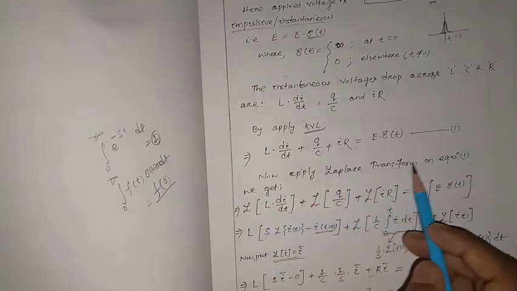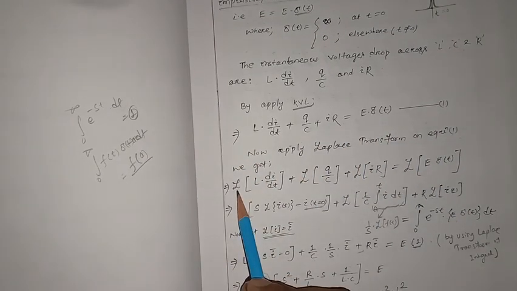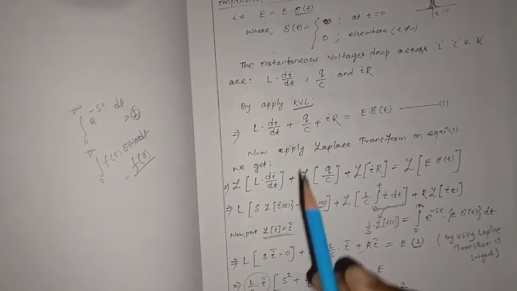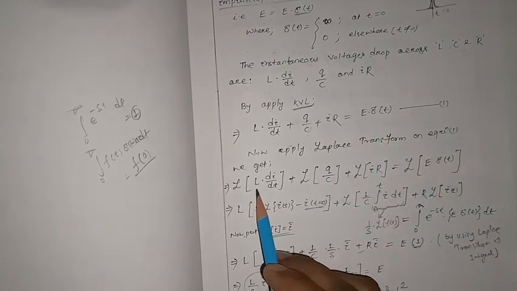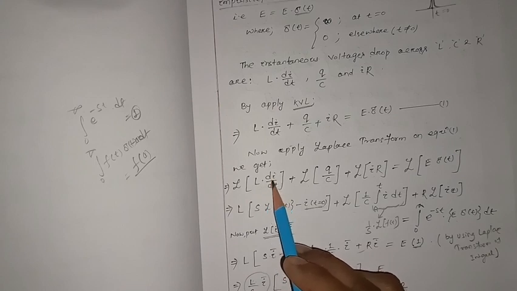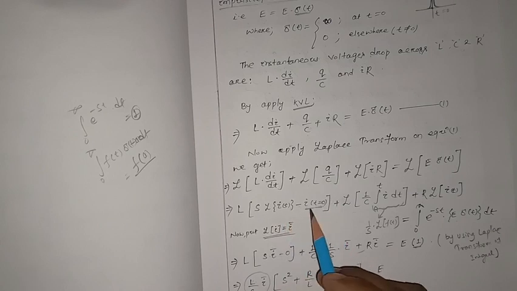Now we are going to apply Laplace transform on both sides of equation number 1. Laplace transform is applied on L di by dt, on Q by C, on IR, and on the right side. Here L is constant, so it is taken outside. Laplace transform of the first derivative di by dt will be s into Laplace transform of I, which is a function of t, minus I at t equal to 0.